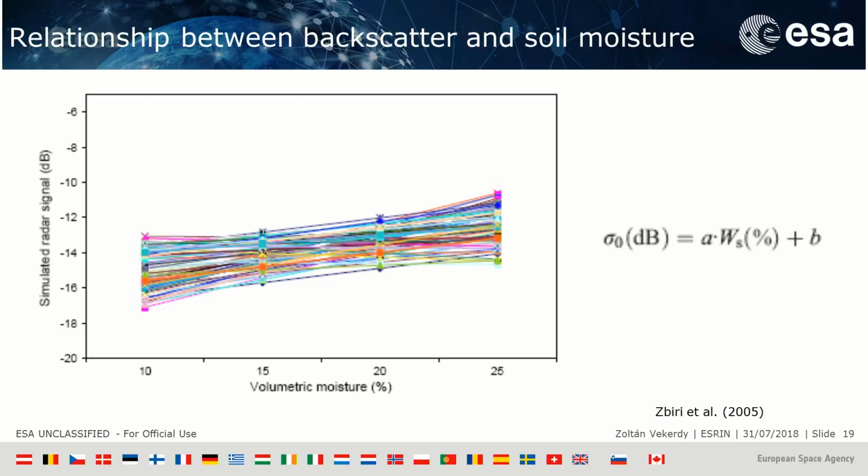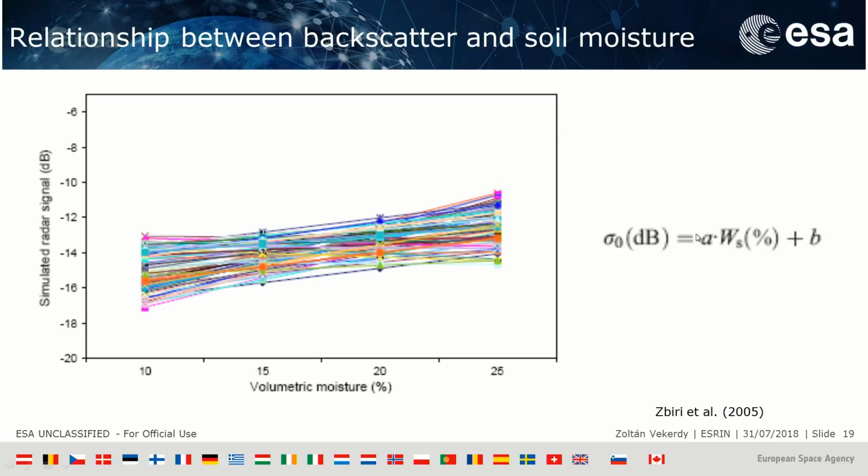The trick is, as I already said, that the actual soil moisture is proportional to the backscatter, in fact, to sigma naught. We already saw that the sigma is loaded with a lot of other problems. Surface roughness, speckle.